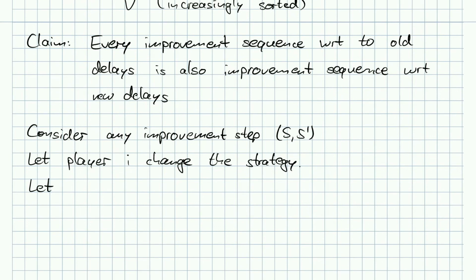We can now write S_i, the strategy that player i was using before, as just the set that only contains one resource r, and S_i prime as also a set that contains only one resource, r prime, because we have this singleton property that every strategy contains exactly one resource.